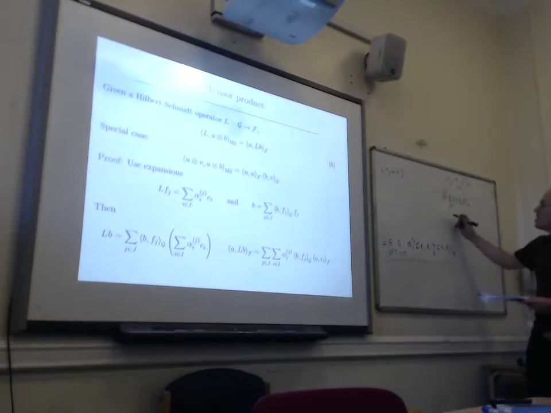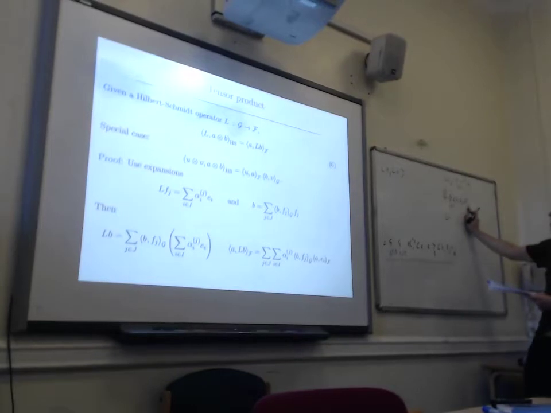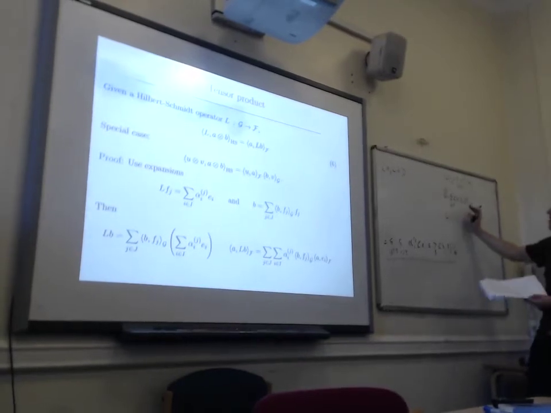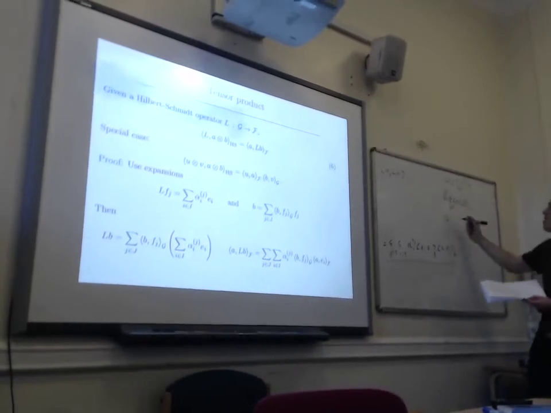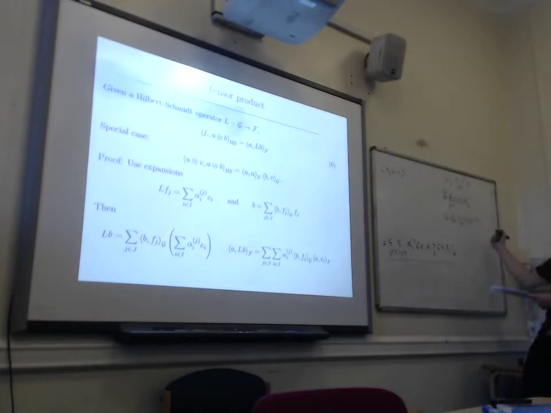So if I've written B like that, then what is LB? Well, I know what L acting on each of these functions is. So now I just take the sum over that. So this is L acting on the sum over J in J of the inner product of B and Fj times Fj.